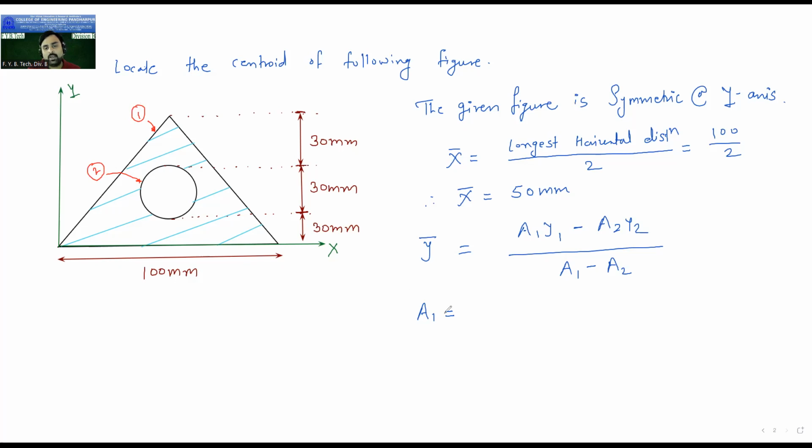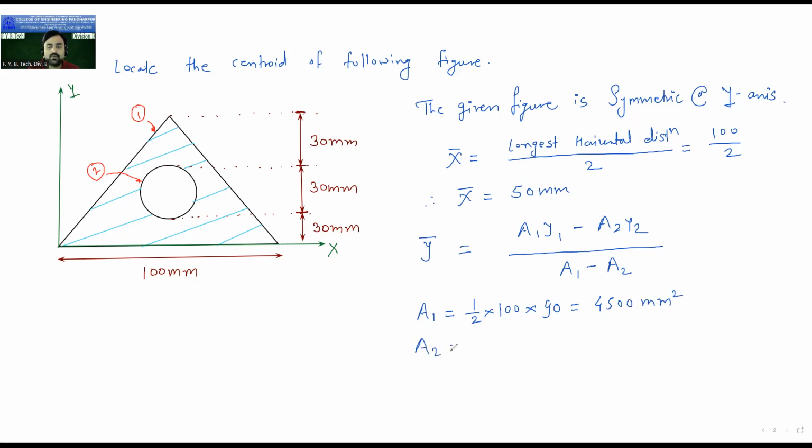So the formula for the area of the triangle is half into base into height. The base of the triangle is 100 mm, and the total height of the triangle is 30 plus 60, so it is 90. So it is 4500 mm square. This is my value of a1.